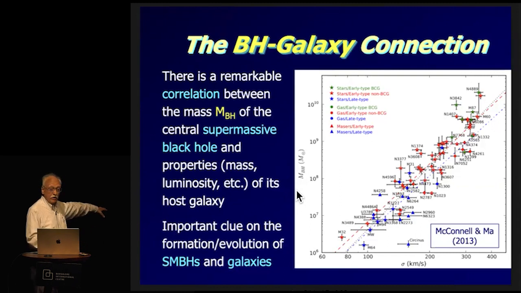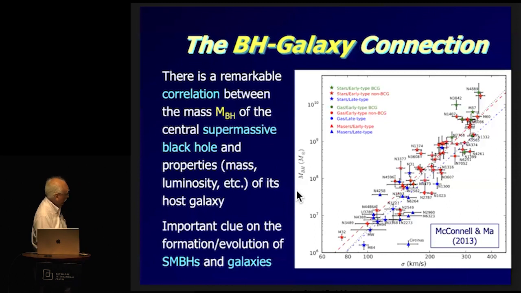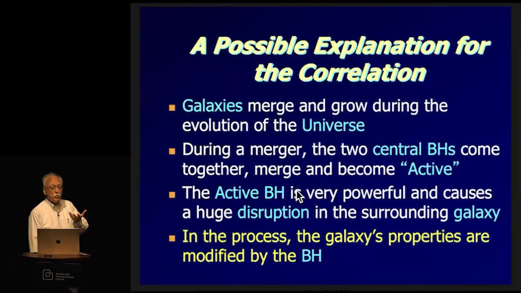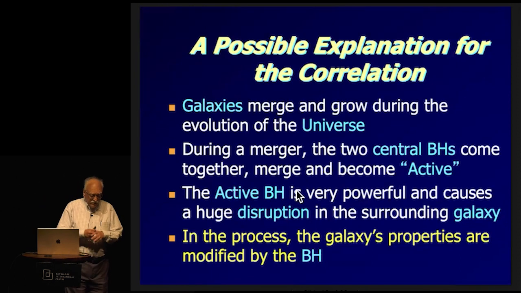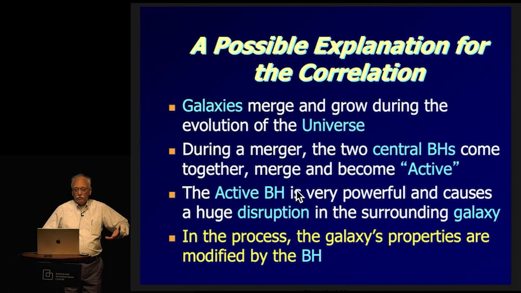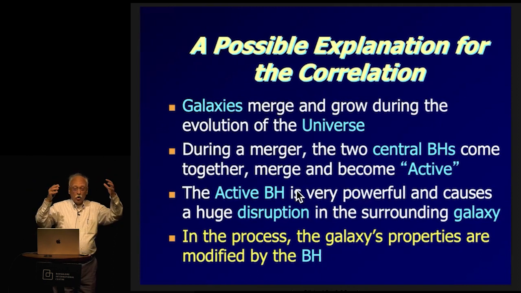It's given us a big clue on just overall structure formation in the galaxy. How does it work? So I'll just go through a few words, what might be happening. So the general scenario is, the universe forms initially very simple. It evolves, makes structure, stars, galaxies, black holes, etc. These all form, grow, and in fact, they merge.